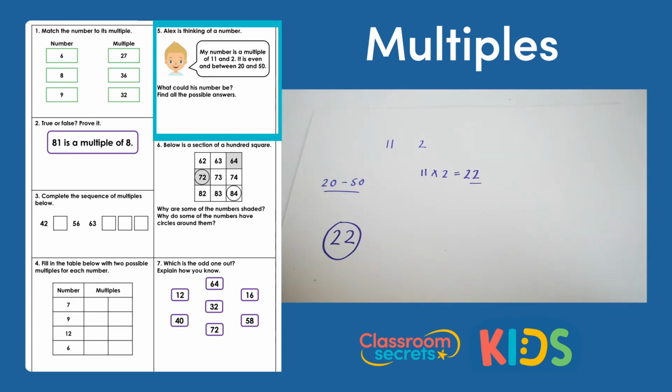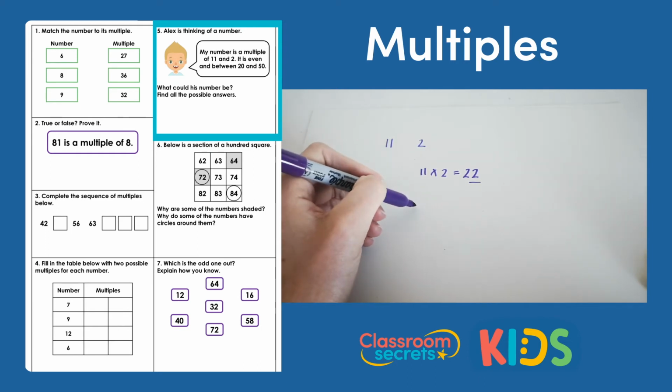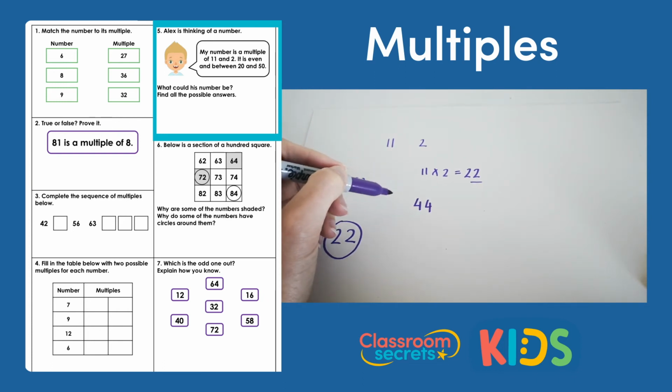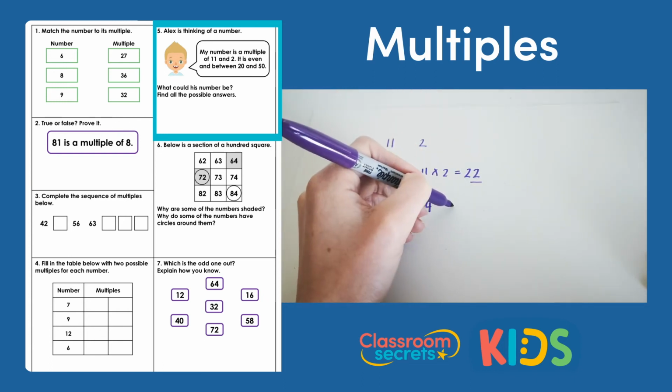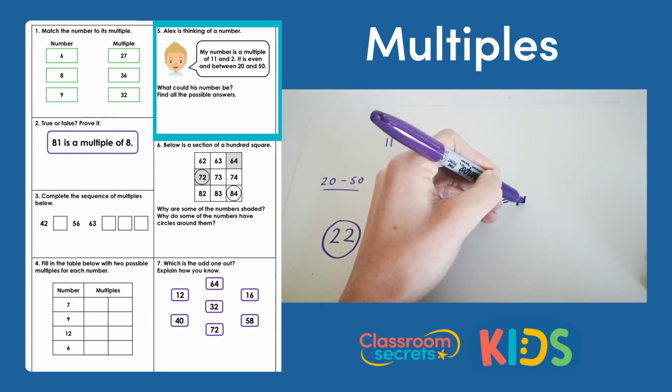However, Alex could also be thinking of another number, because another number that is both in the 11 times table and the 2 times table is 44. I know it's in the 11 times table because 11 times 4 equals 44.